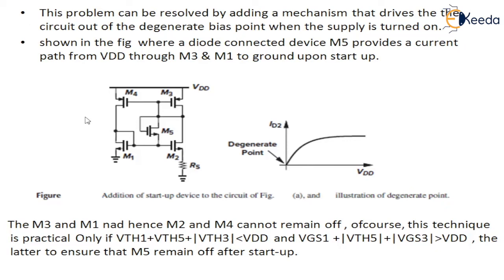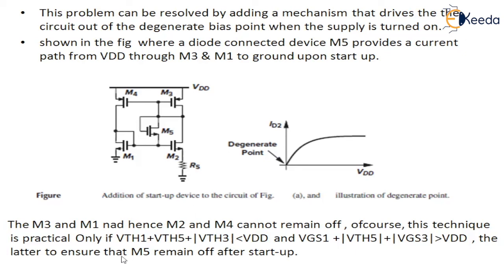It is shown in a figure where a diode connected device, whose gate and drain terminals are both connected, is added. This diode connected device M5 provides a current path from VDD through M3 and M1 to ground upon startup. So M3 and M1, and hence M2 and M4, cannot remain off.